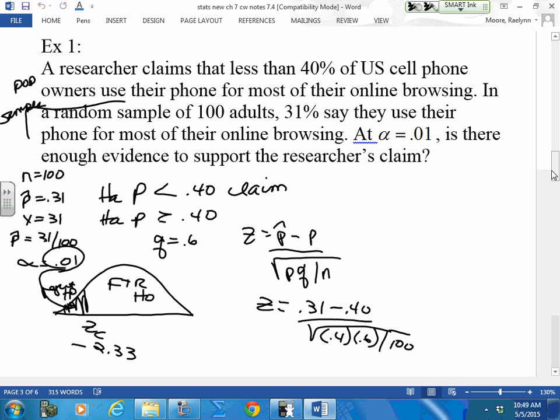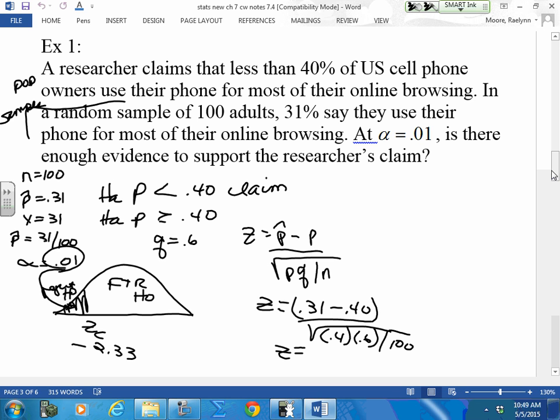If you put this in your calculator, make sure the numerator has parentheses, or use your fraction bar key. Set up your fraction bar. Don't go all the way through this and make a mistake by putting it in your calculator. So this z-score comes out to be what?